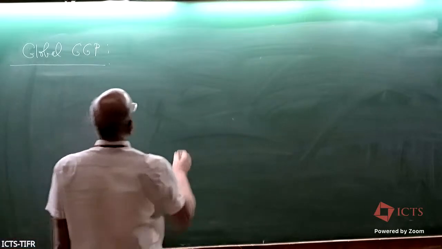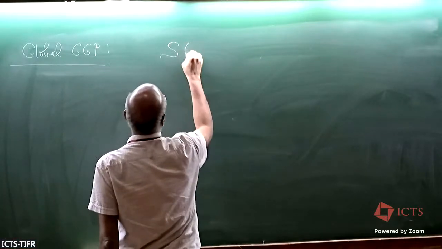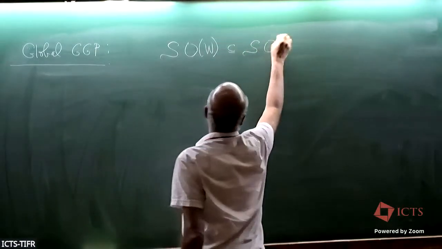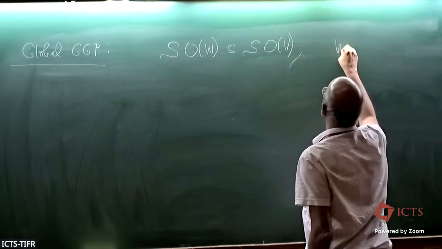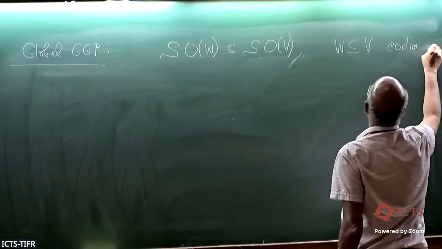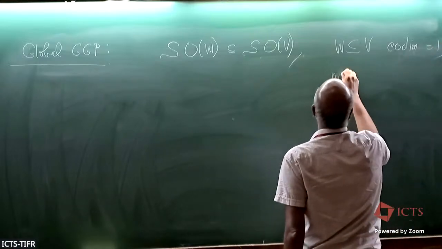So global GGP says that suppose we are in this situation, SOW contained inside SOV, W contained in V, codimension 1, now over number fields.